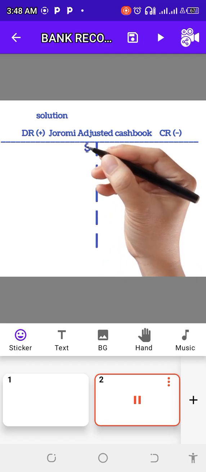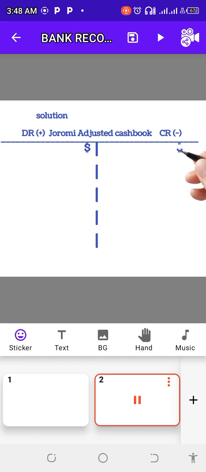Then the next thing is the unit of account, which is dollar. After the dollar sign, we write the balance brought forward. The balance brought forward is the balance that is brought from the cash book.